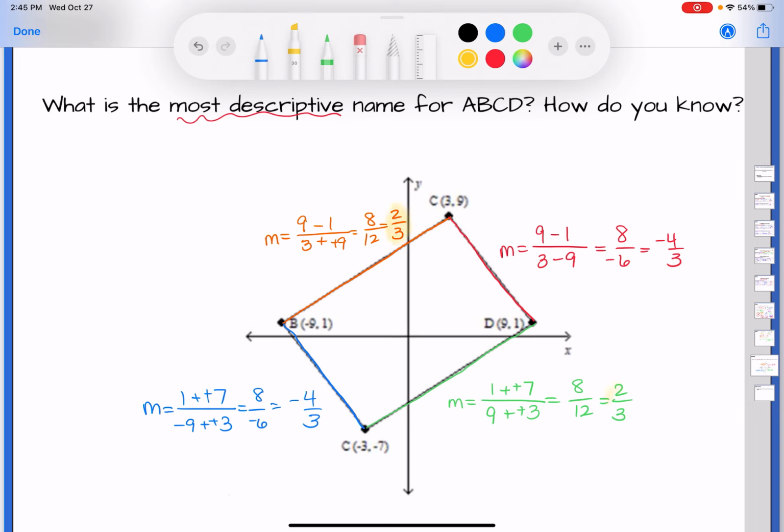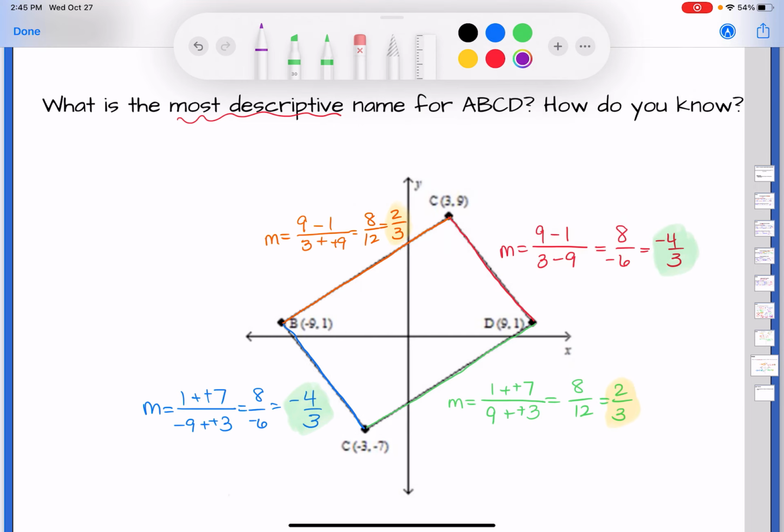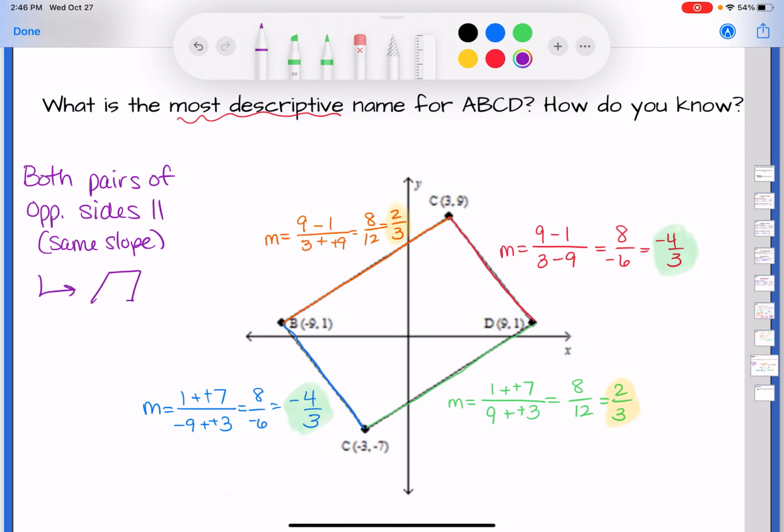Opposite sides have the same slope, right? So if I have both pairs of opposite sides that have the same slope, that has to be a parallelogram. Both pairs of opposite sides are parallel, same slope. That tells me that I have a parallelogram. I'll write it out.